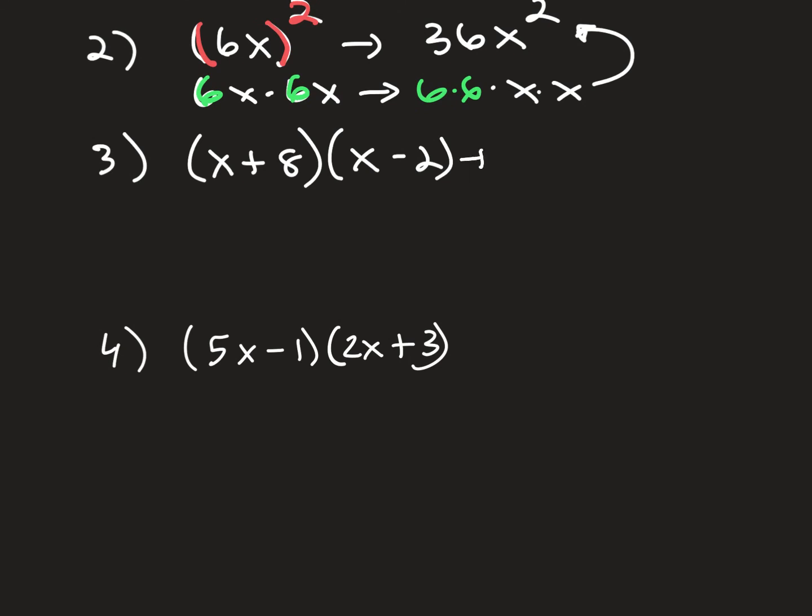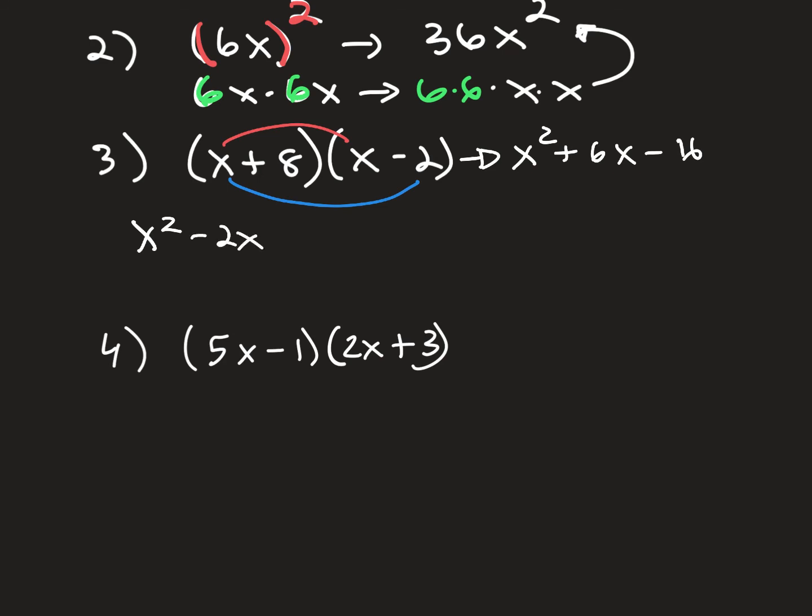In problem number 3, did you get x squared plus 6x minus 16? Let's see what would happen. If you multiplied the first ones together, that gives you x squared. If you multiply the furthest ones outside, it's negative 2x.